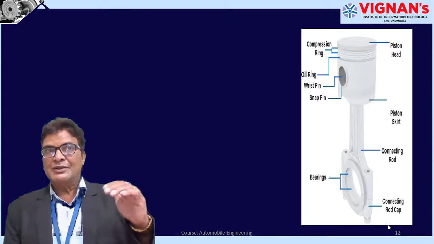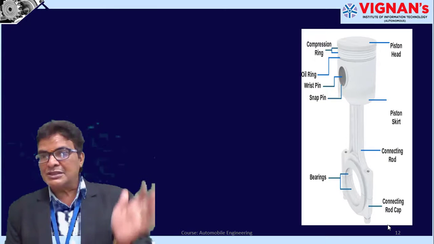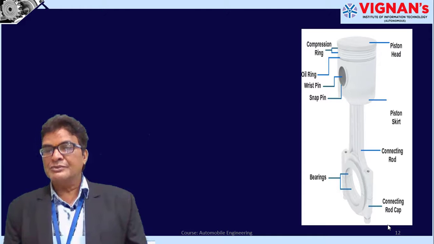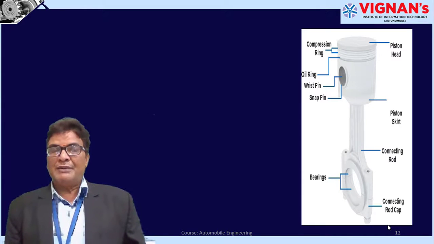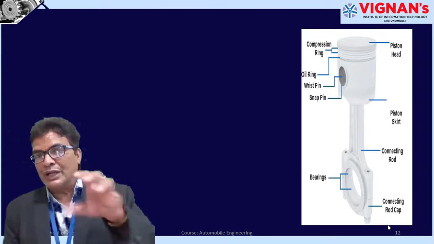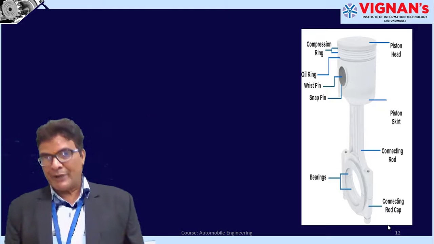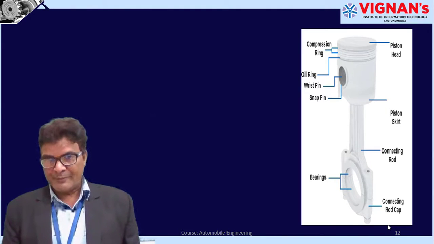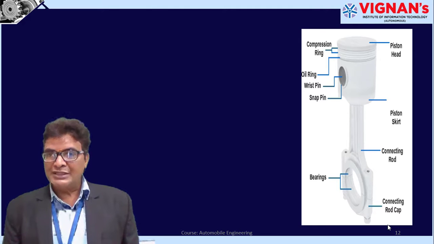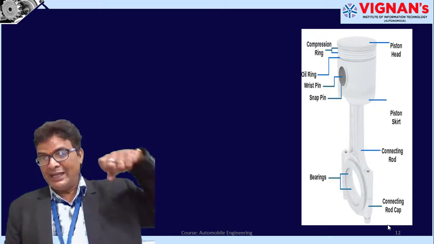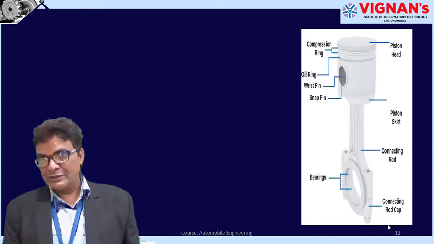Above the piston, the volume is called the combustion chamber, or the swept volume technically. Inside the swept volume, the gases which are inserted into the cylinder are burnt. As a result, a high amount of heat is developed. That heat pushes the piston downwards with very high impacting force.